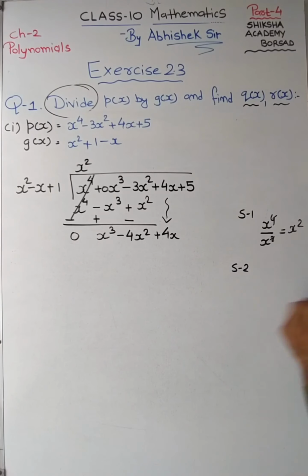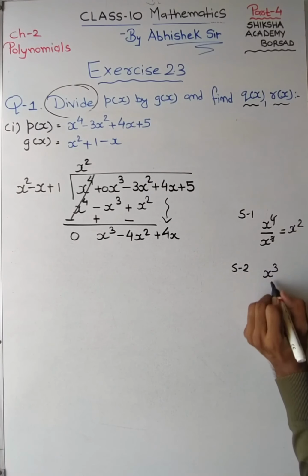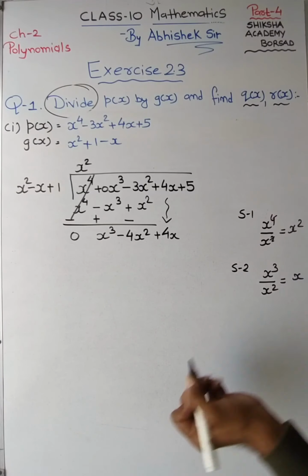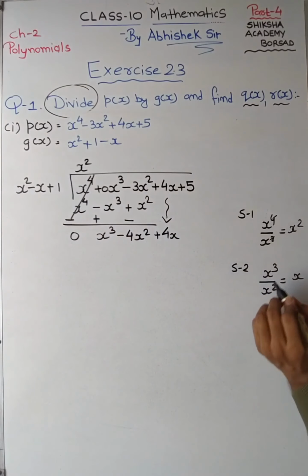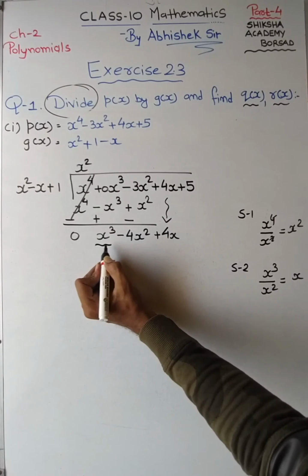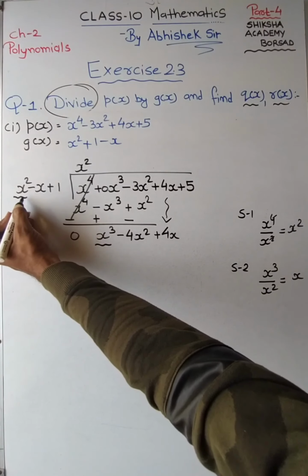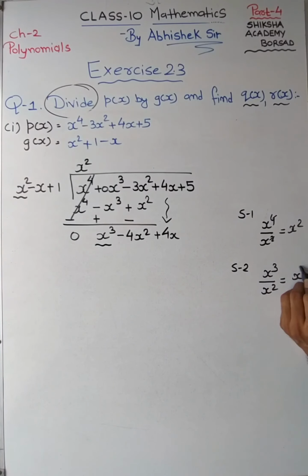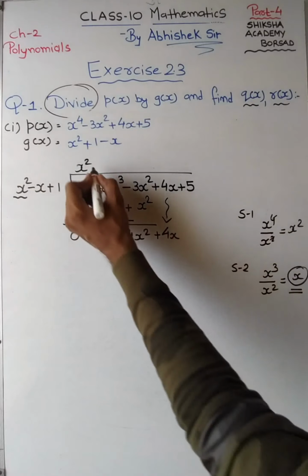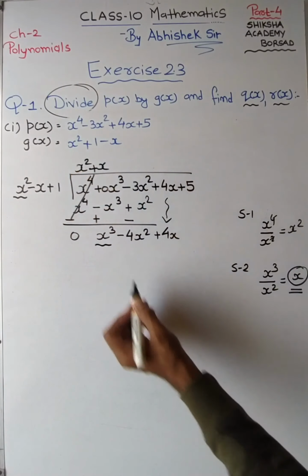Now moving on to step 2, that is x cube. Here we have x square, so only x raised to 1, or x, is left. If you are confused about what we are doing, we are just writing the first term of the remainder and then the first term of the divisor, and doing the division we get whatever we have to put over here. So let's put plus x over here.